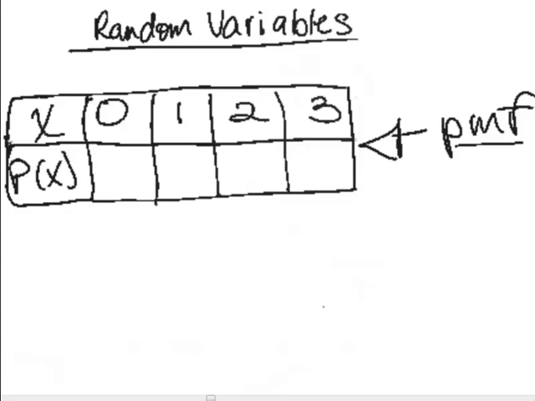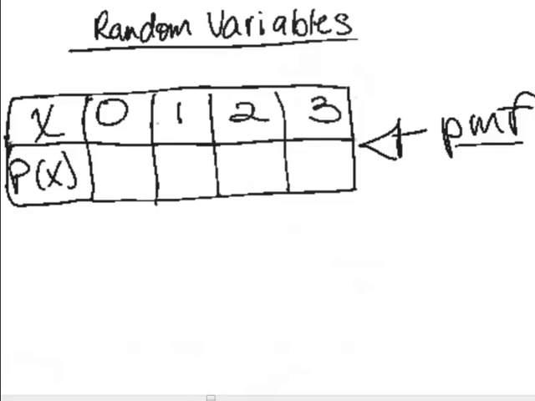Today we're going to be talking about random variables and probability mass functions. A probability mass function is basically a function that assigns probabilities to discrete quantities. There's a probability for 0, a probability for 1, but nothing in between the two.